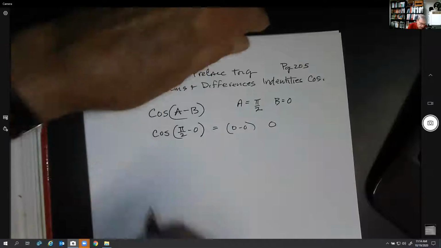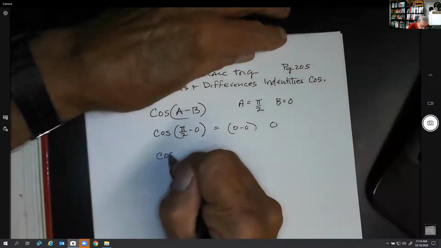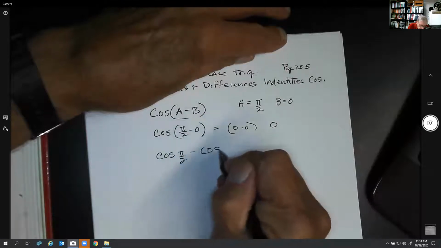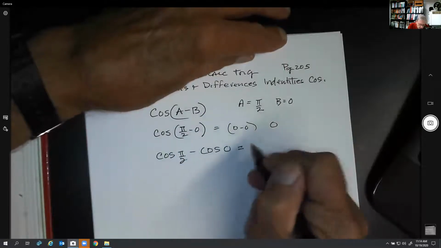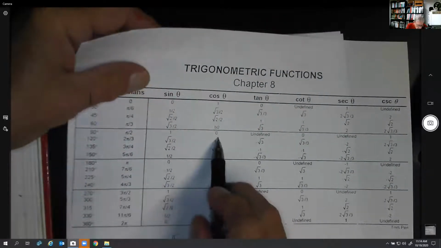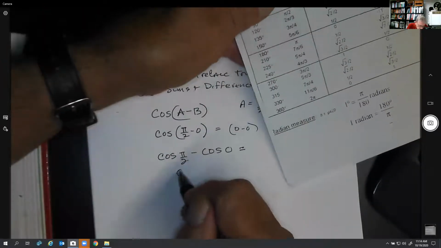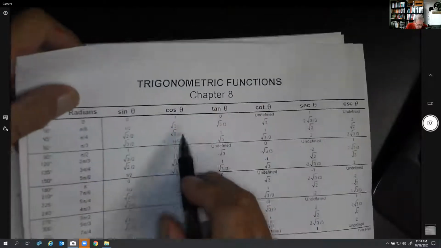If we distribute, however, we get the cosine of pi over 2 minus the cosine of 0. Cosine of pi over 2 is 0, minus the cosine of 0.